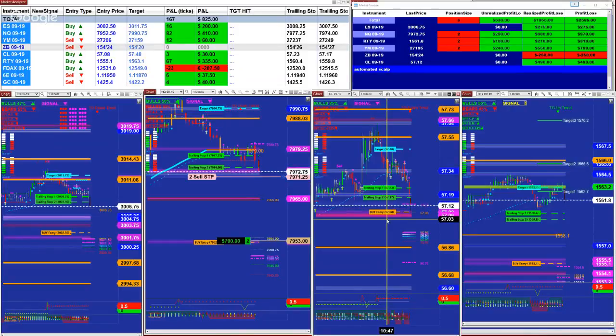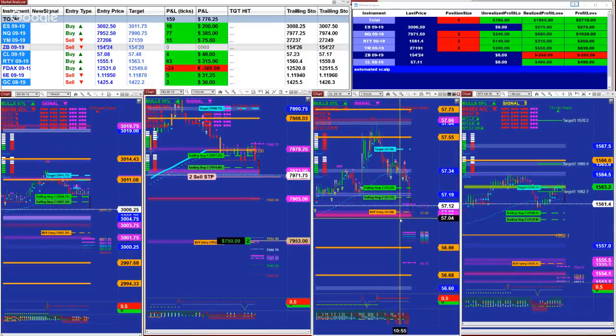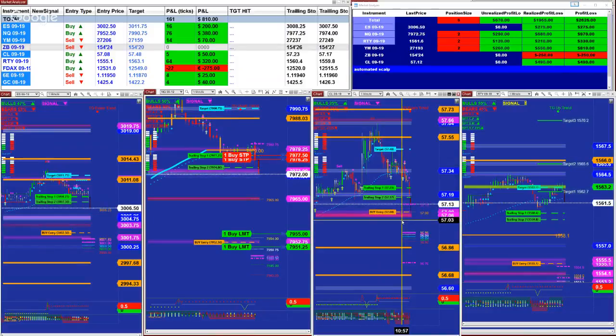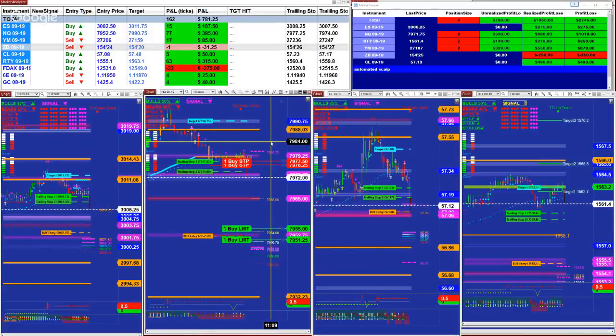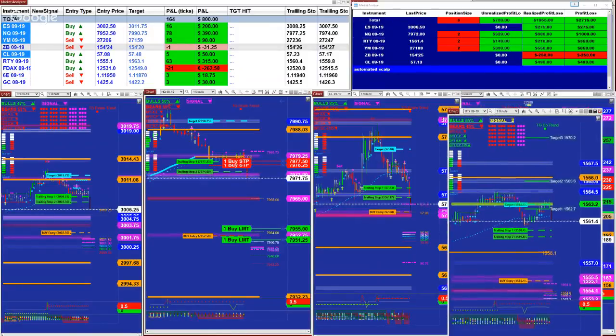This is an extremely hard area for the CL to break. So we need to see. We are about to have a short trade on the Nasdaq, and we are about to have a short trade on the ES, and we are about to have a short trade.